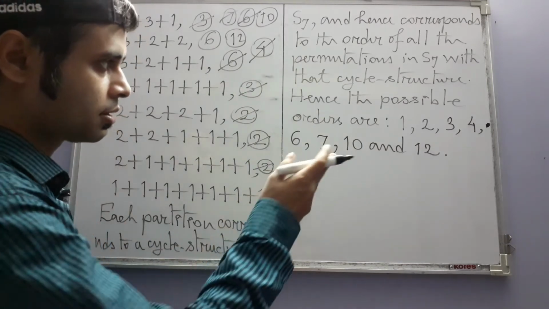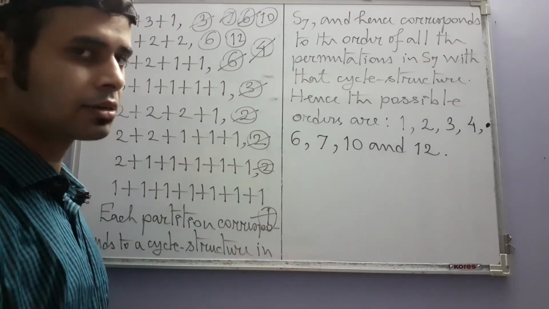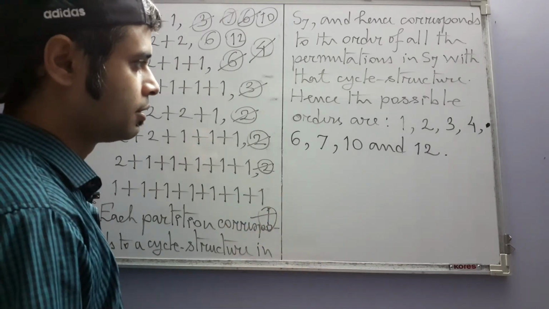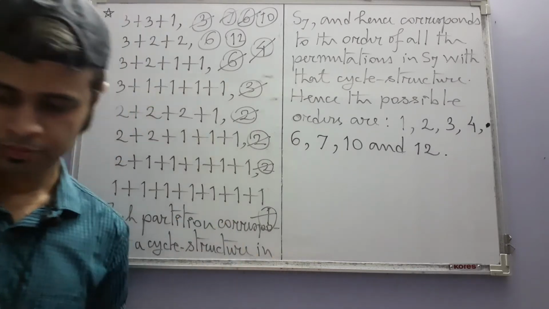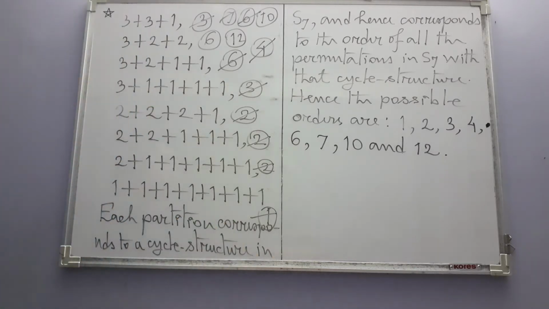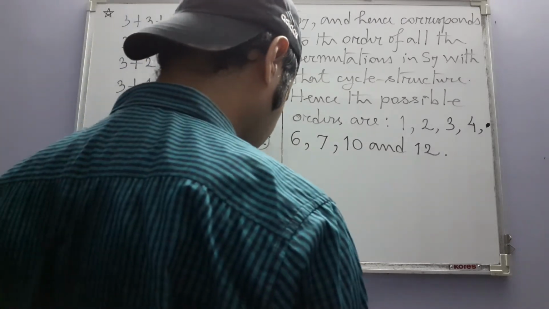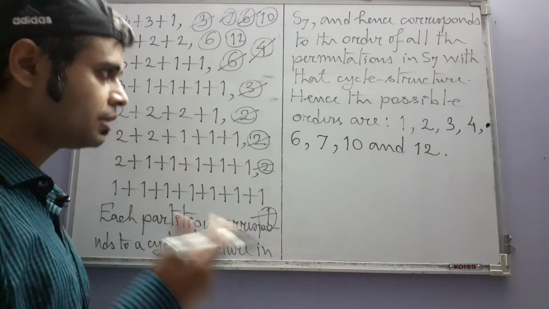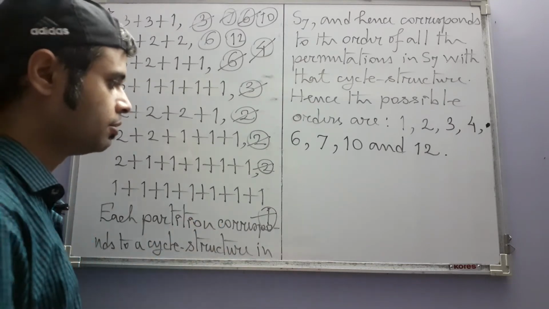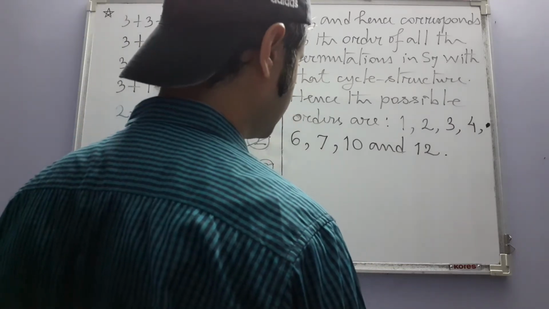So that means order 4 elements are of course there, but I actually don't have the partition with me. The partitions which give rise to cycle structures and which in turn give rise to this order 4, there are 2 types of partitions.